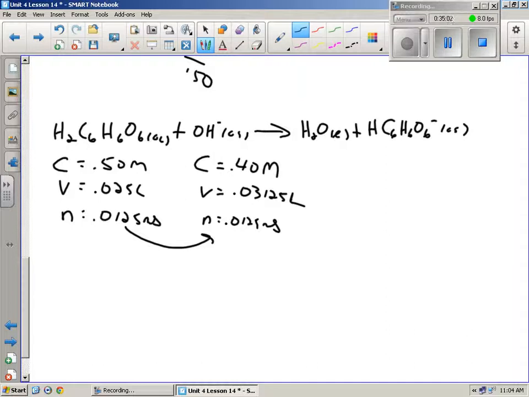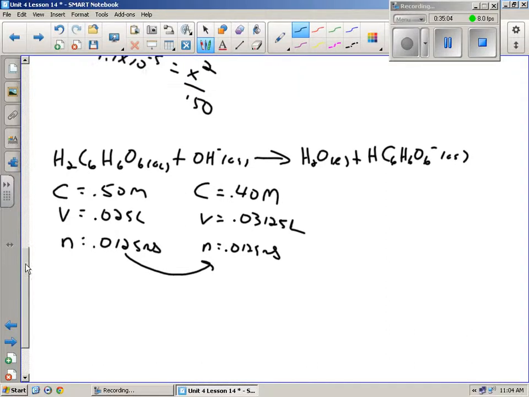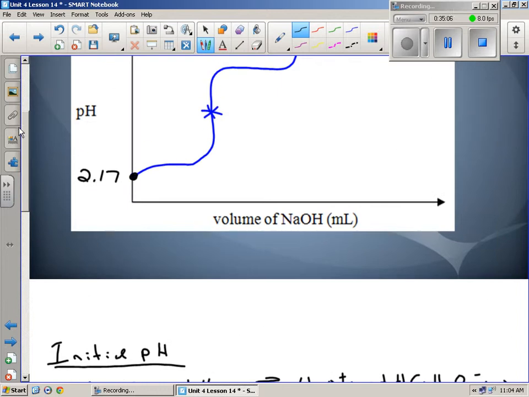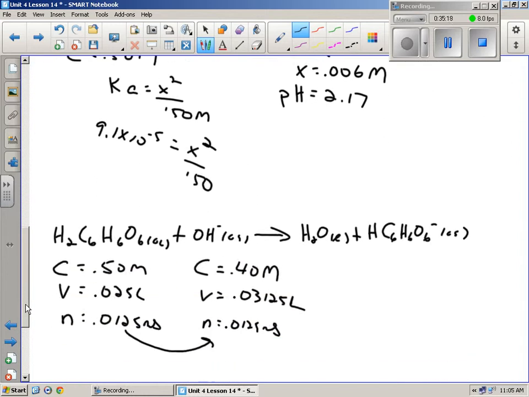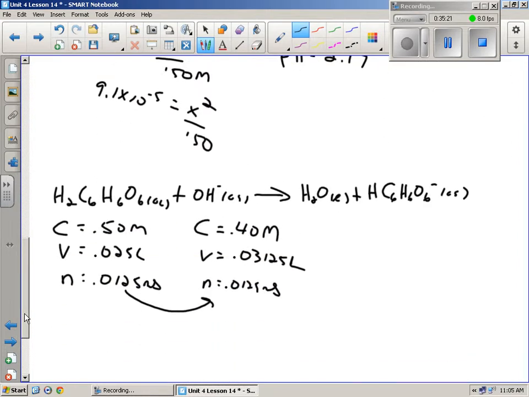Yes? So, let me go back up to my graph here for a second. Right here. 31.25 milliliters is what I'm going to put there. What's that pH going to be right there? I guess that's something else we need to talk about.